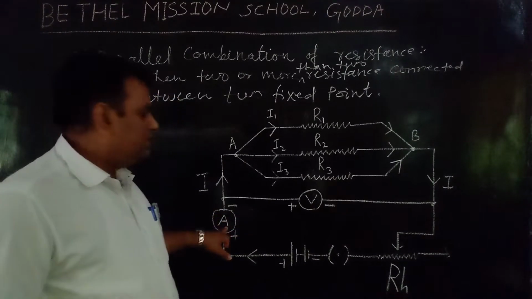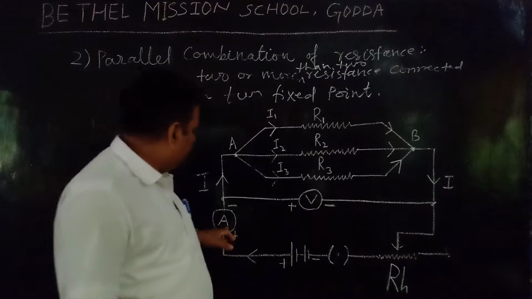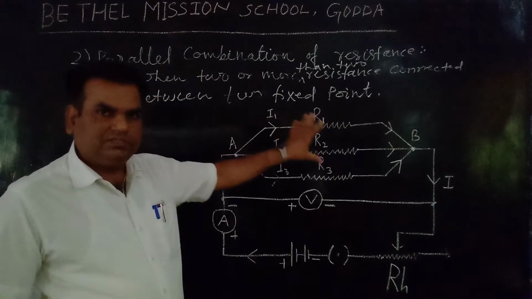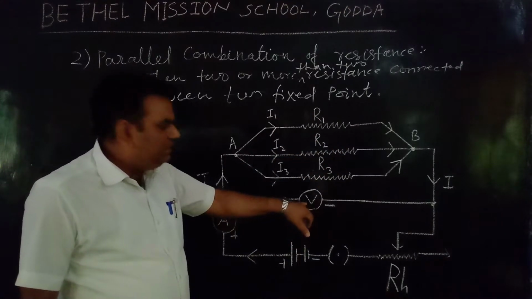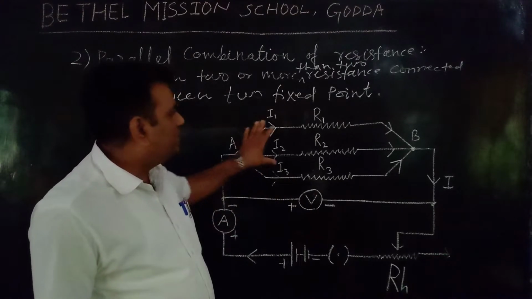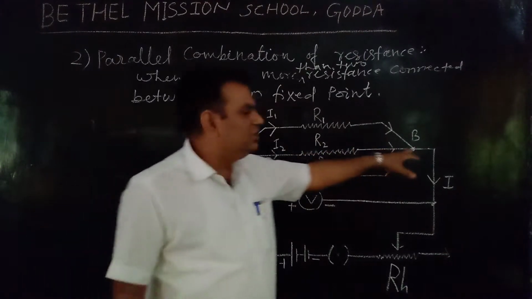The ammeter is an instrument with which we measure how much current flows through this circuit. V is the instrument with which we see how much potential difference there is between these two terminals.